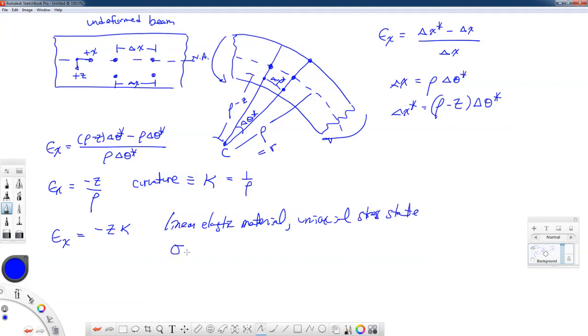Then sigma in the x direction is equal to E, the modulus of elasticity, times the strain. And we can write this as minus z E over rho, or minus z E times the curvature kappa.